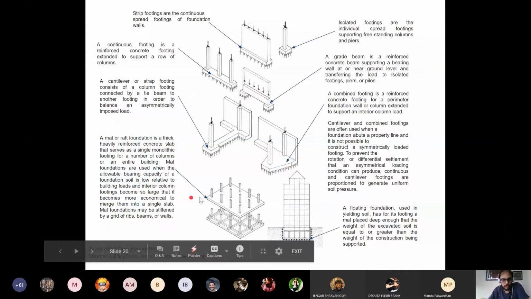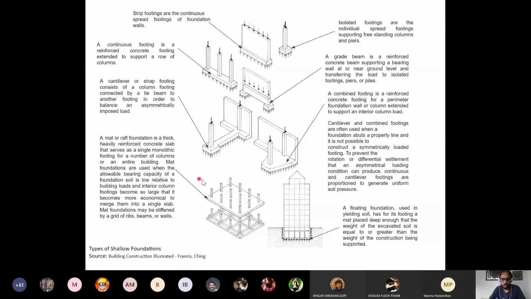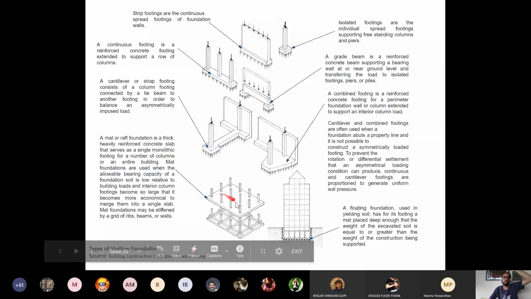The other type is what is called a mat or a raft foundation, which is a thick, heavily reinforced slab like this that serves as a single monolithic footing for a number of columns, and all the columns take off from this.